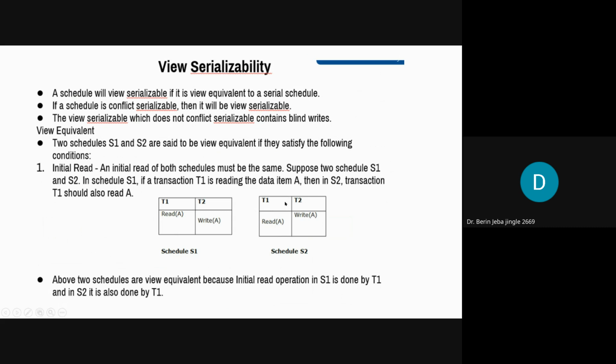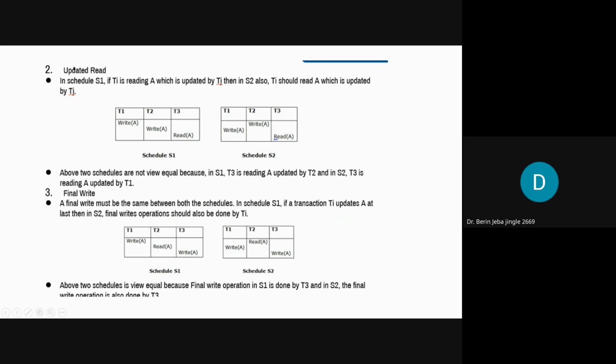In this table, the first condition is satisfied. The two schedules are view equivalent because the initial read operation in S1 is done by T1 and in S2 is also done by T1.